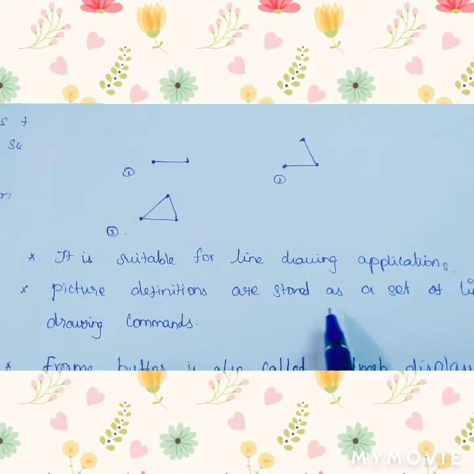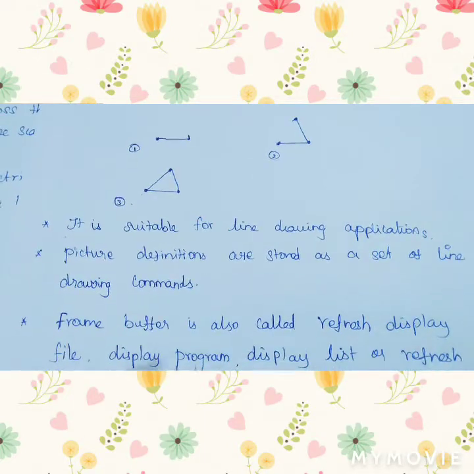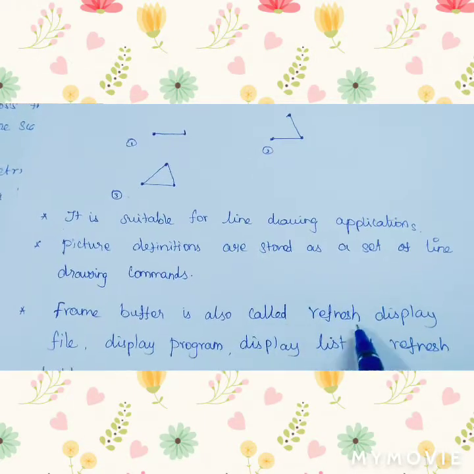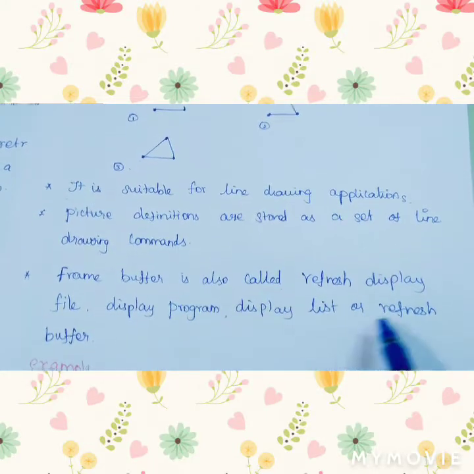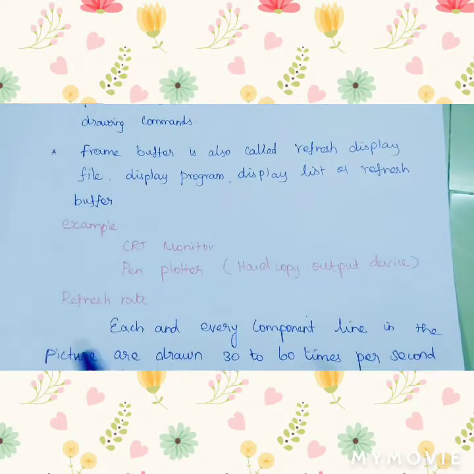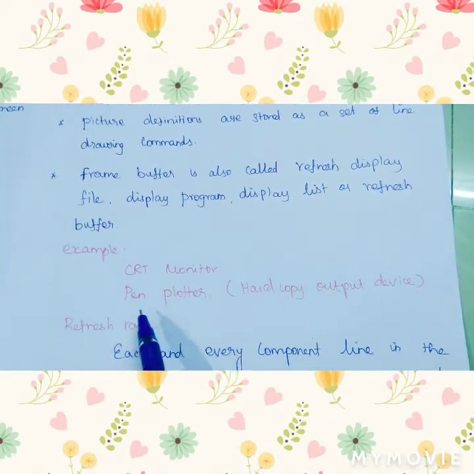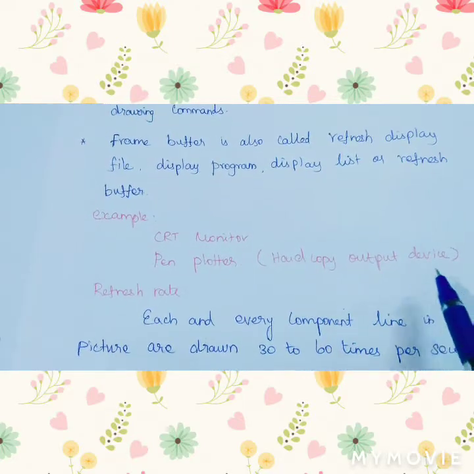Picture definitions are stored as a set of line drawing commands. Here the frame buffer is also called the refresh display file, display program, display list or refresh buffer. An example of random scan display is the CRT monitor and pen plotter. This pen plotter is otherwise called a hard copy output device.